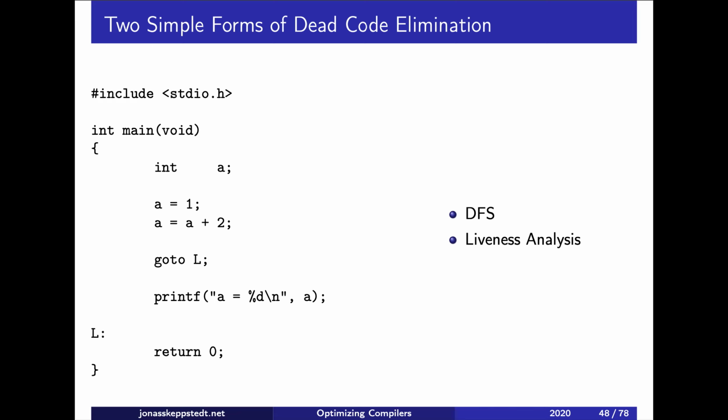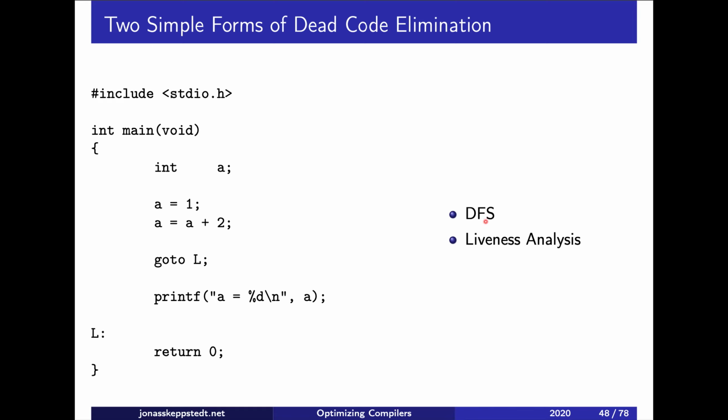We look at how optimizing compilers can remove so-called dead code. Dead code is code that is not reachable, for instance. Such code can be detected using depth first search.